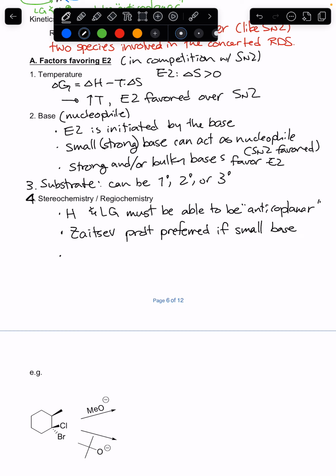Okay, and then again we'll look at examples of that, but the Hofmann product, which means the opposite of Zaitsev, is favored if a bulky base is employed.